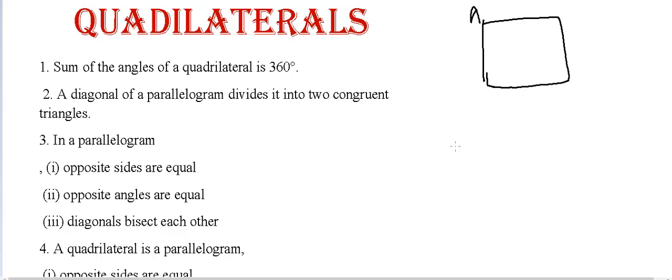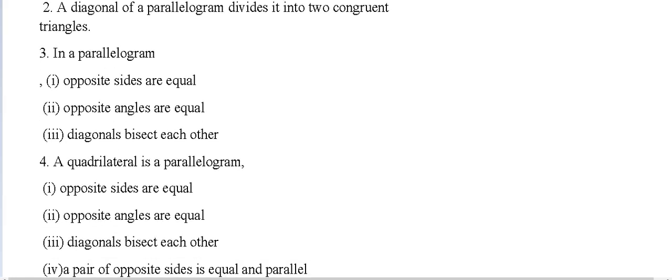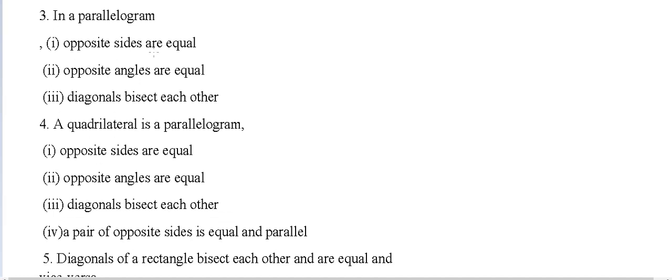Now let's see the third property of a parallelogram. These are the properties of a parallelogram, right? In a parallelogram, opposite sides are equal. This was explained to you in the previous introduction videos on types of quadrilaterals, where we introduced parallelograms.